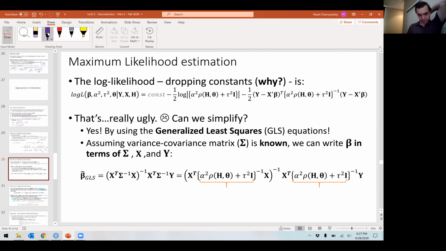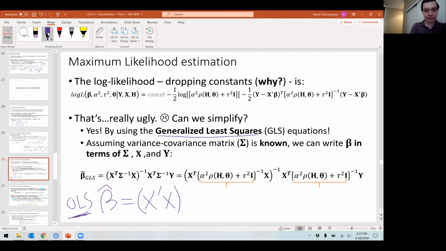So, take the next step. We have this wonderful thing called generalized least squares. You might recall the least squares estimator says that our betas from regression class, our betas from OLS, not GLS, from OLS, we say, okay, beta hats are x prime x inverse x prime y.